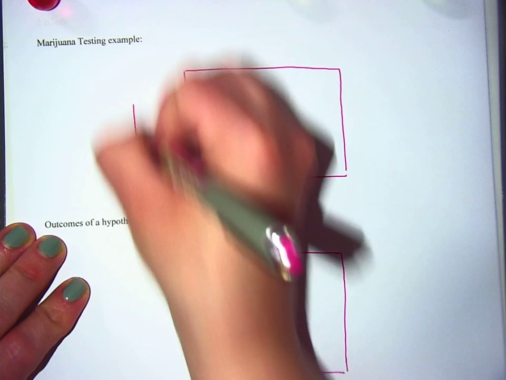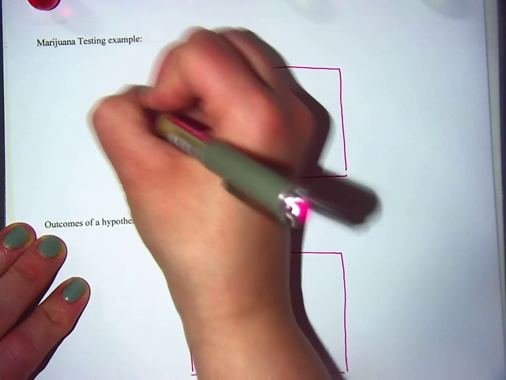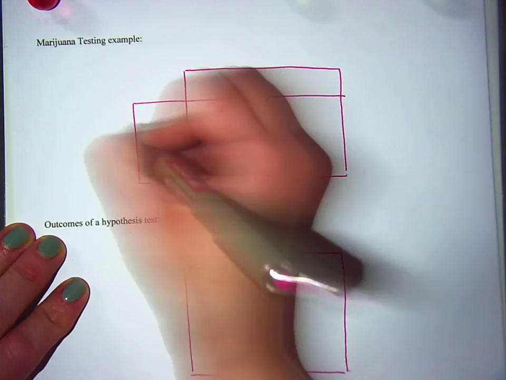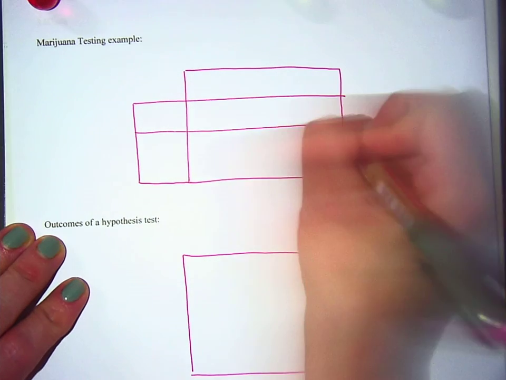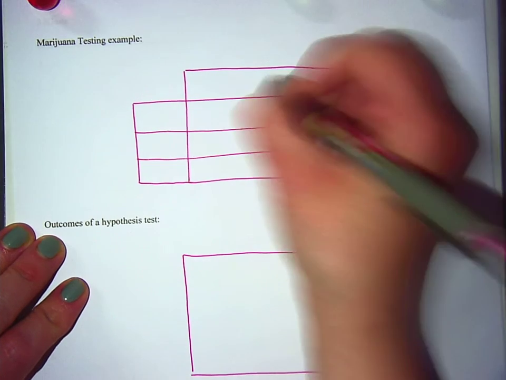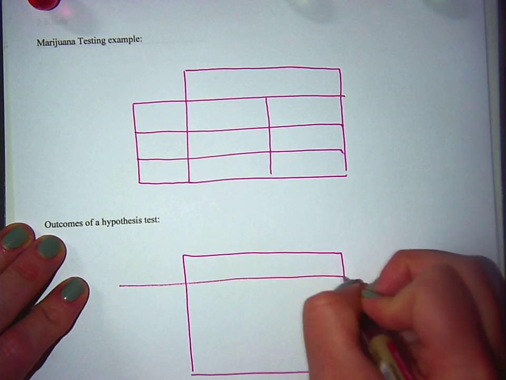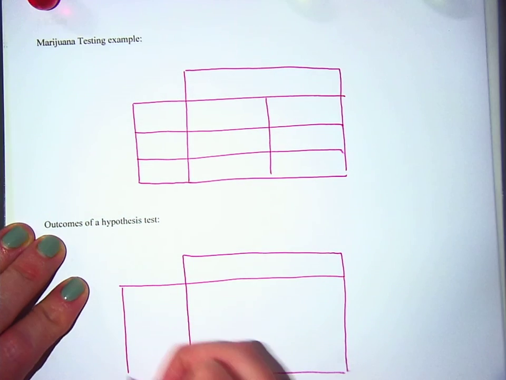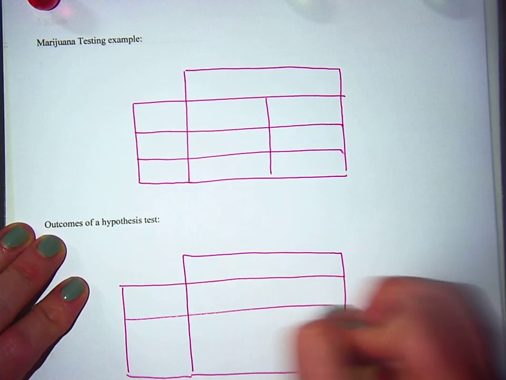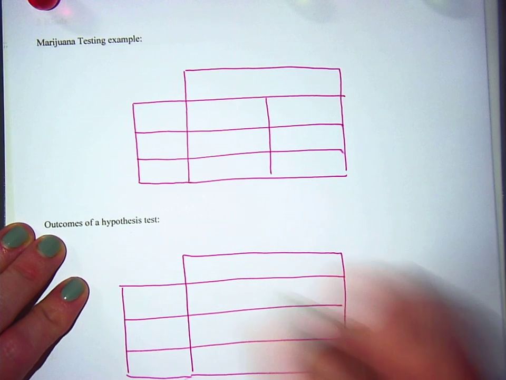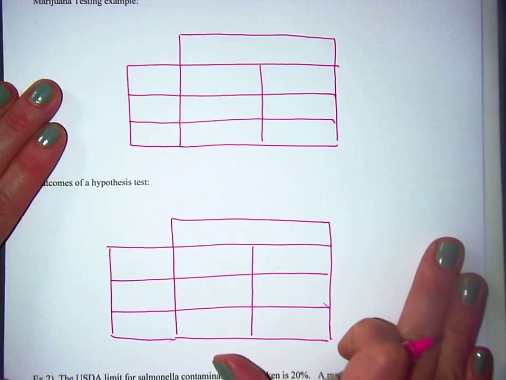Okay. Sorry, you ended up just staring at me trying to figure out what the heck I'm drawing before you can copy me. There, that's what they should look like.